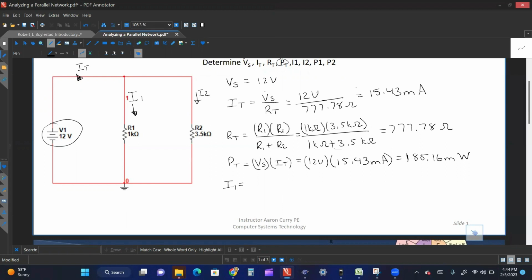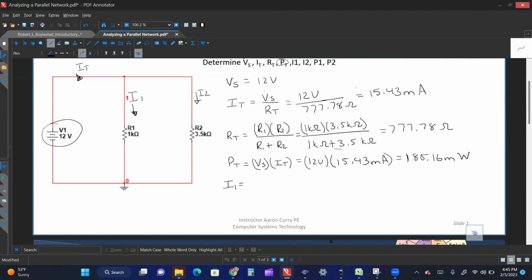So as you can see, R1 is in parallel with the source voltage. So therefore the voltage across R1 is going to be 12 volts. So whatever components or resistors that are in parallel, they're going to have the same voltage. So not always is the voltage across parallel resistors going to be the same as the source voltage.